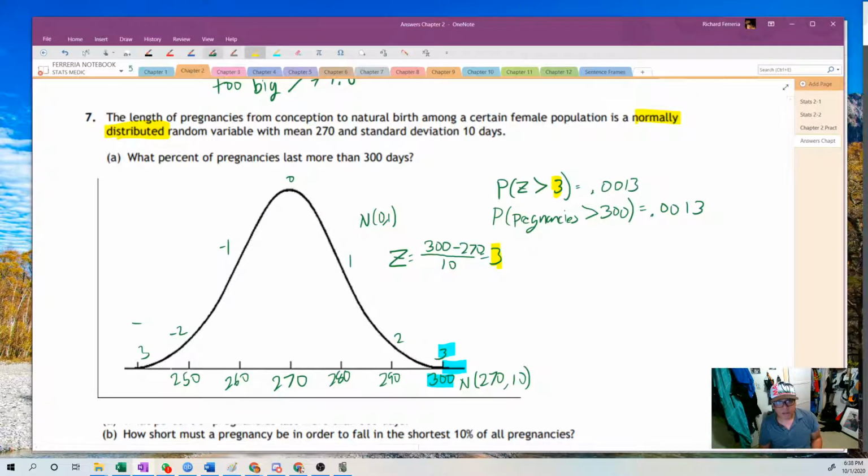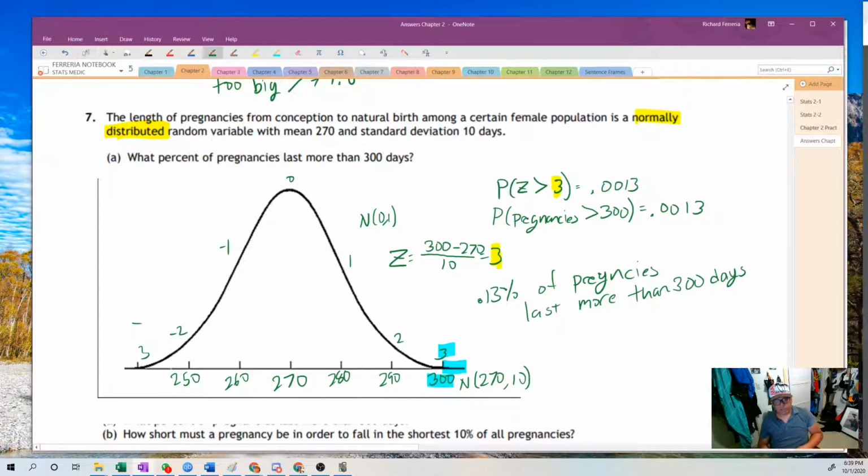Now that we have all of our calculations out of the way, we're going to write our summary. So about 0.13% of pregnancies last more than 300 days.